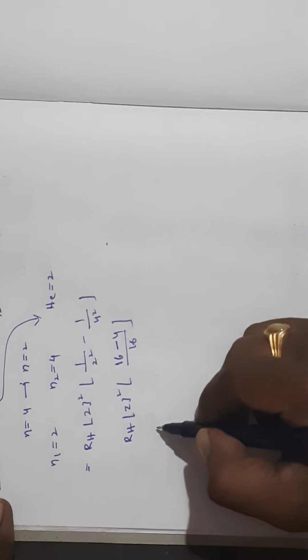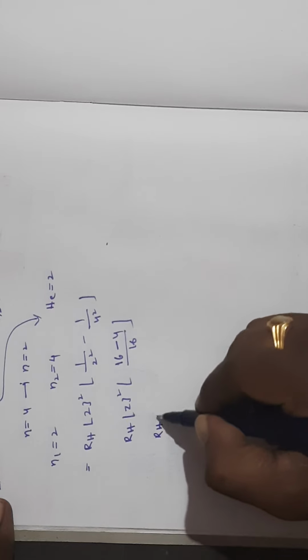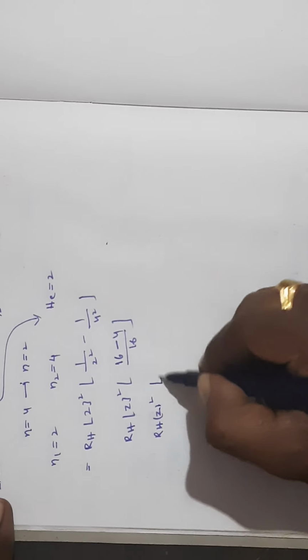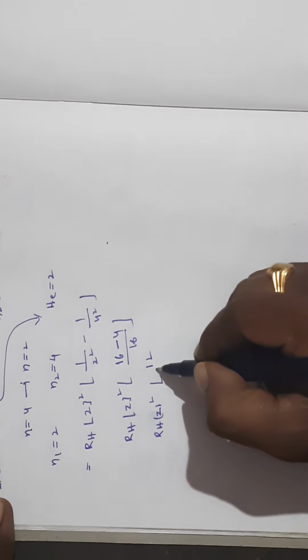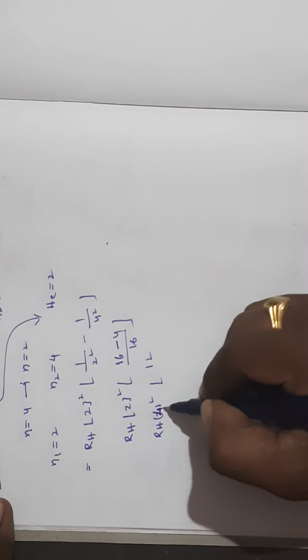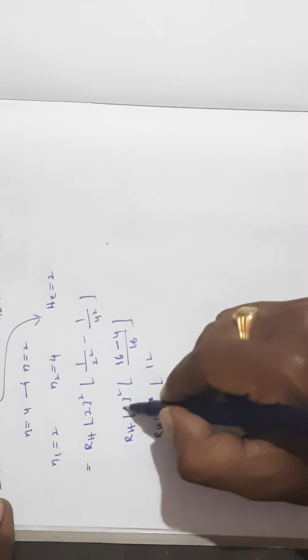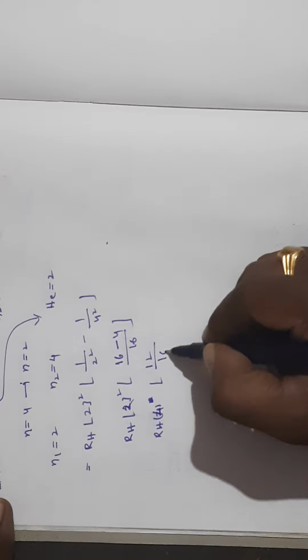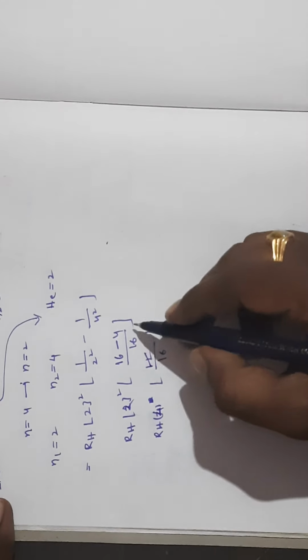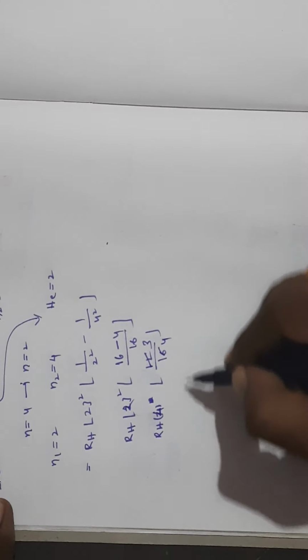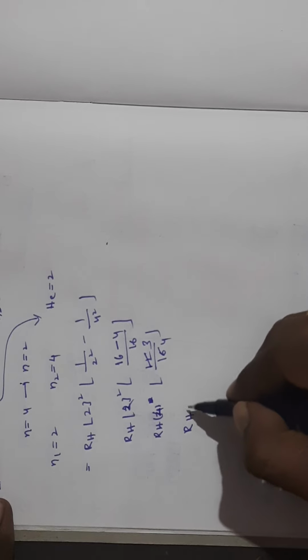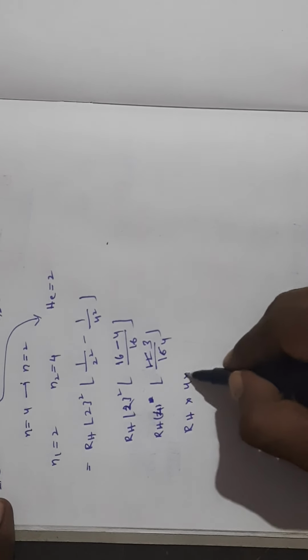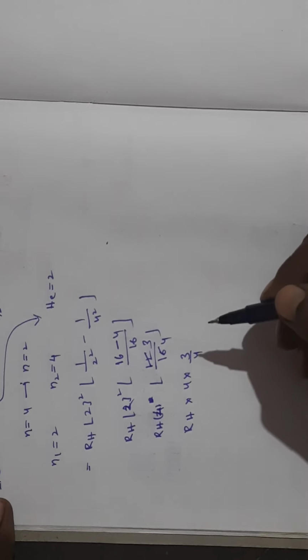So RH into Z square is equal to 16 minus 4, which is 12. Z square means 2 square, which is 4, so 12 by 16 will come. So 4 3s are 12, 4 4s are 16, so RH into 4 into 3 by 4.